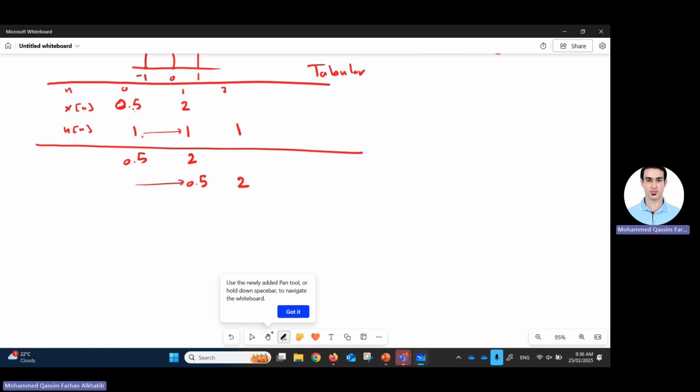Now, we'll do another skip. So that's 1, 2. 1, 2. Sorry, I'm multiplying by this one now. 0.5 times 1, 0.5. 2 times 1, 2. And then you just add.